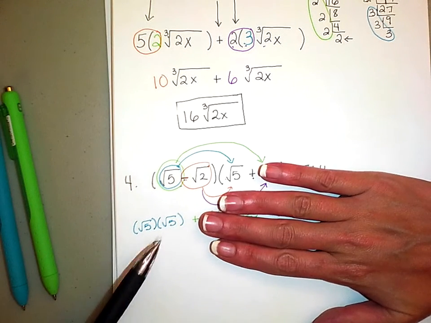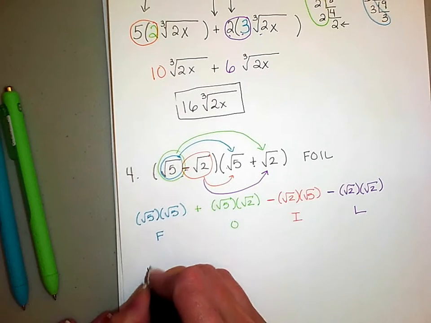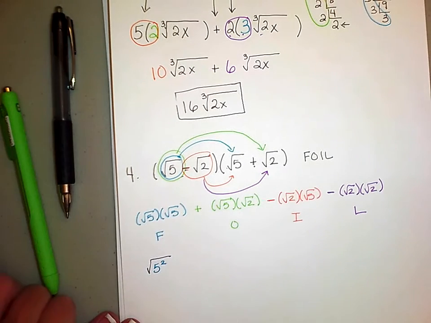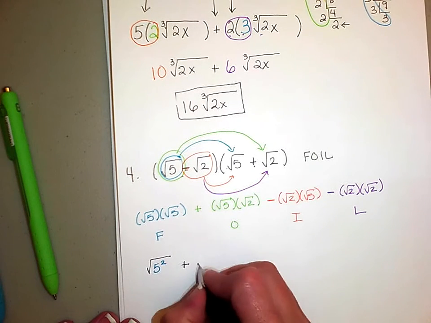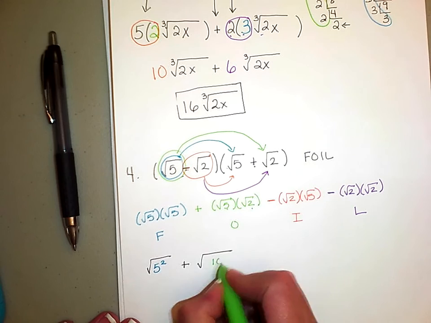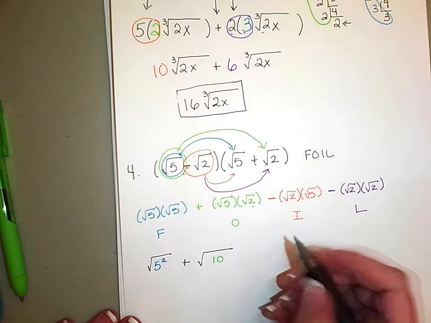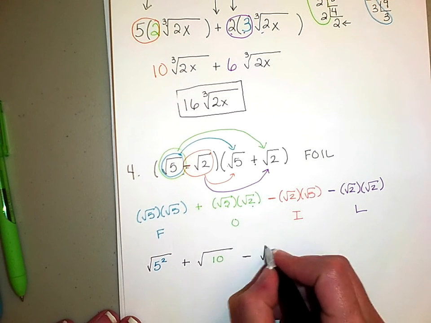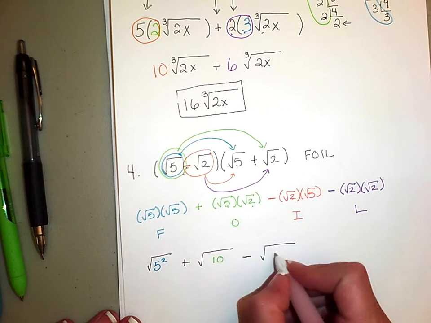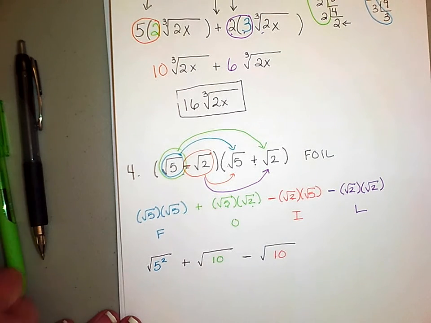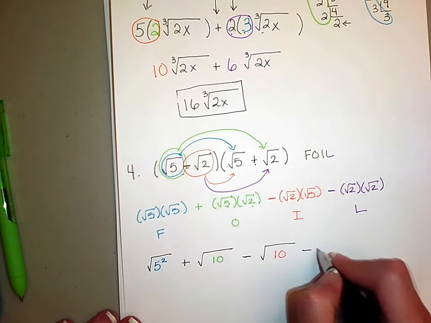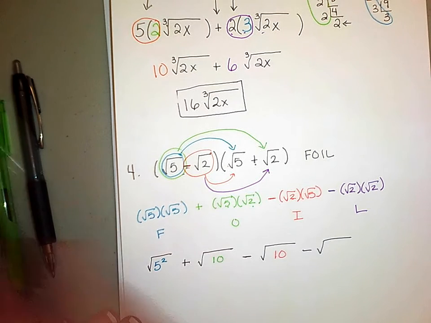Well, the square root of 5 and the square root of 5 is the square root of 5 squared, plus the square root of 5 times 2 is 10, minus square root of 2 times 5 is 10, and then minus the square root of 2 squared.